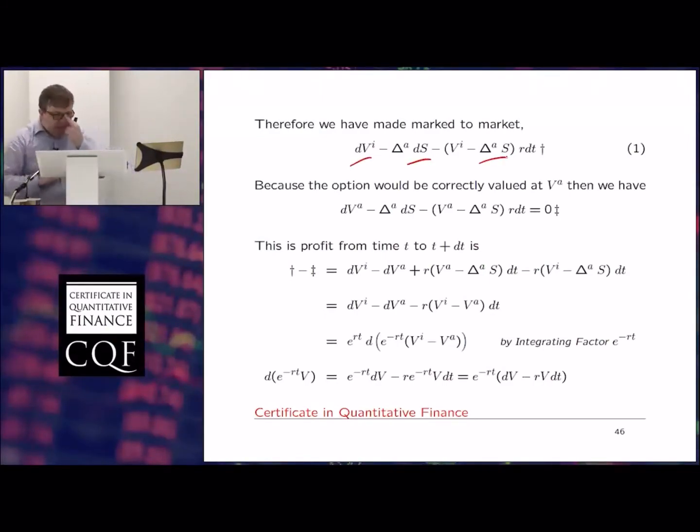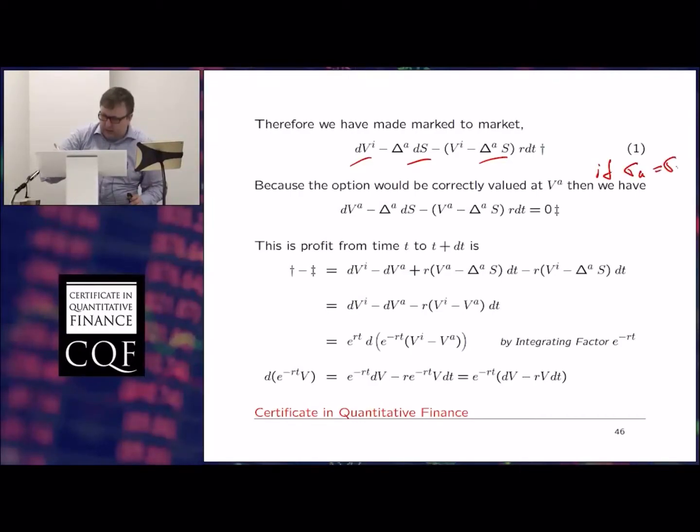Now if the option is priced correctly, so if sigma A is sigma I, then as we said, this sum should be equal to 0, if dVA minus delta computed using sigma A, if all of that story is the same. Now I do the following trick. If it's sincerely equal to 0 for the correctly priced option, I will subtract that 0 expression from the first one on the top. So I take the double dagger and subtract it from the dagger.